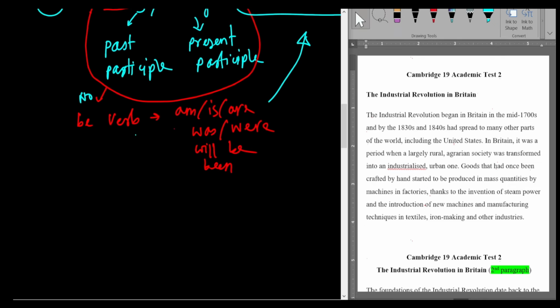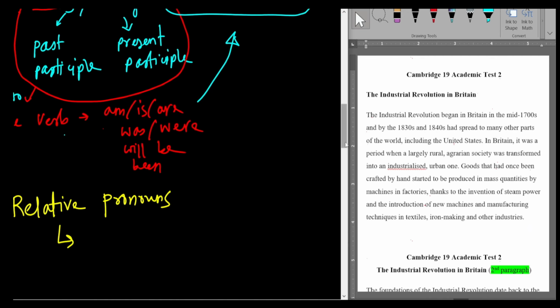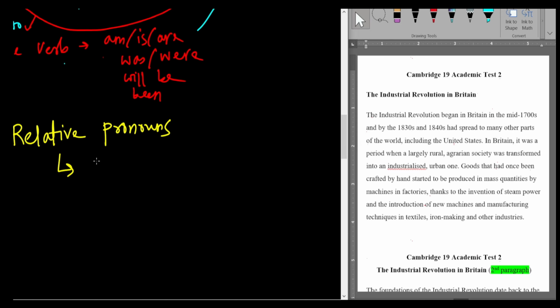Another important thing to ignore when finding the main subject or verb is relative pronouns. We know what the relative pronouns are: that, which, whom, who, when, and so on, and there are lots.